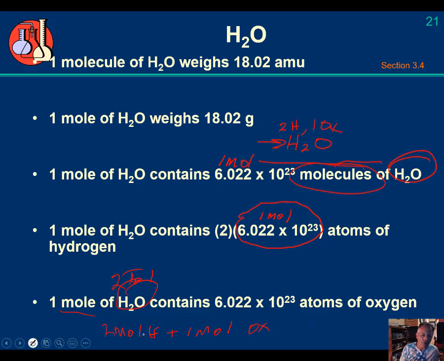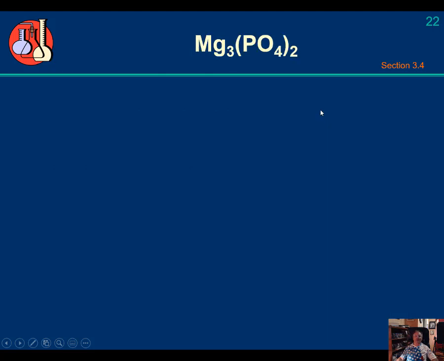And a mole, whether we're talking about 2 moles or 1 mole, every individual mole is equal to 6.022 times 10 to the 23rd. All right, this is going to take a little bit of time for you to wrap your brain around it, but I think you'll get it.